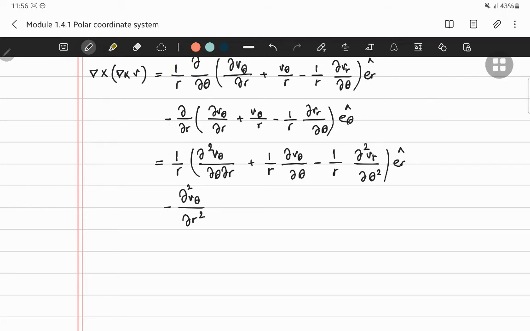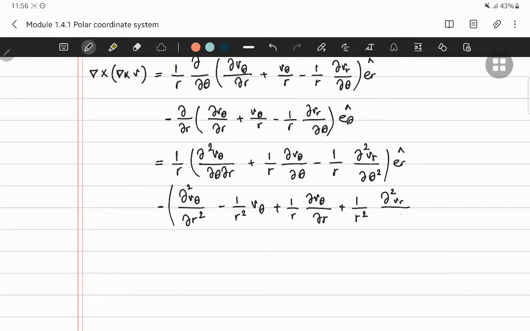So, okay, this is minus. I tried to do everything and then factor out this minus, and then multiply everything with this minus. So I just leave it here, minus. Then I have minus 1 divided by r squared v theta here. And then I have plus 1 divided by r partial derivative of v theta with respect to r. Then I have this one minus, so minus minus becomes plus.